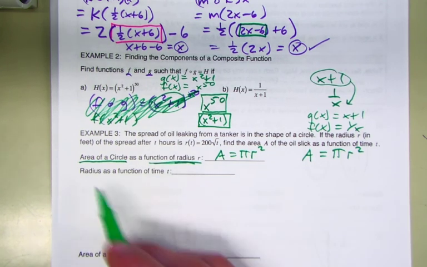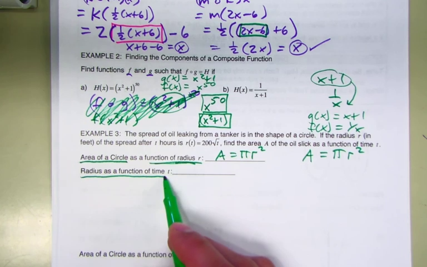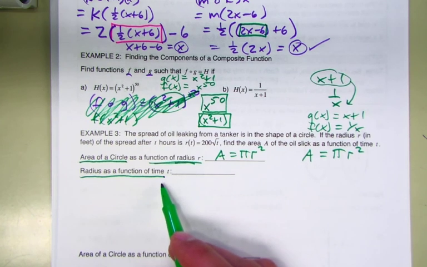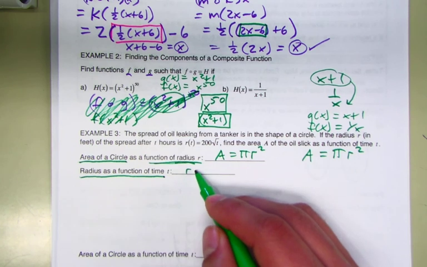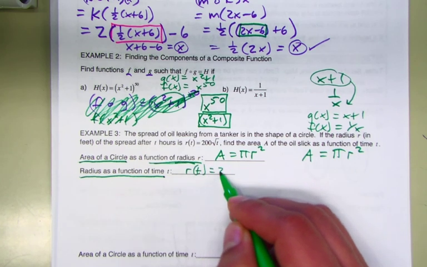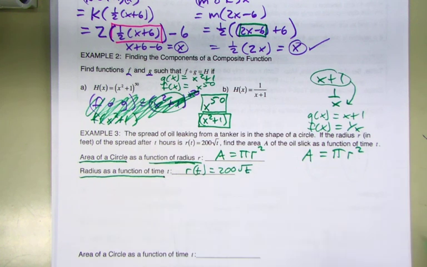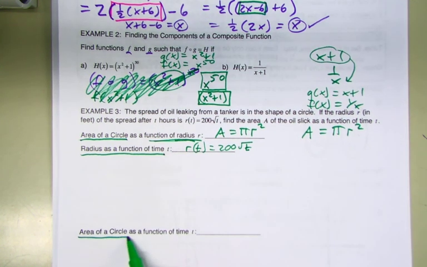Now it says, what's the radius as a function of time t? Well, if you read carefully, it tells you in the problem. Yeah, r of t is 200 root t. And now it says, what's the area of a circle using t's?